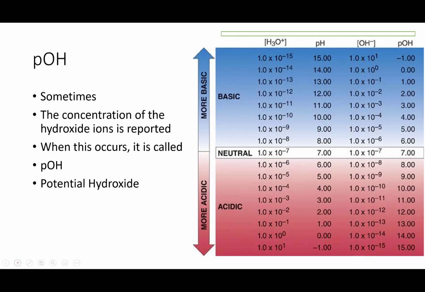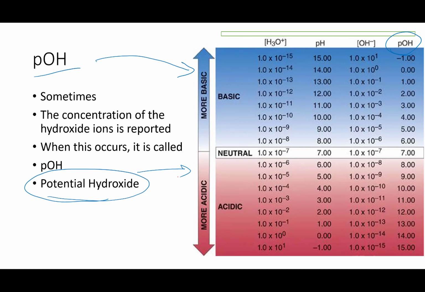Very last idea I'm going to mention for this chapter. Sometimes you are going to see a chart that's going to contain pOH. Well, what is pOH? pOH is potential hydroxide. Instead of talking about the potential hydrogen, it's the potential hydroxide.